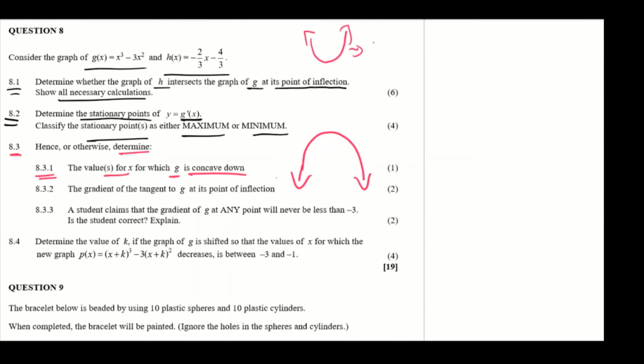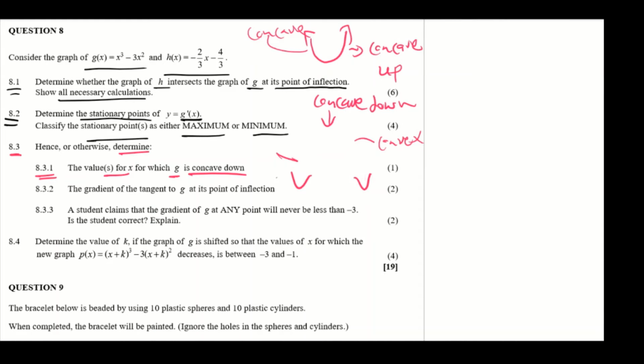This is concave up, this is concave down. So we normally call this convex, and this is just concave. So yeah, for concave down, we are focusing on this shape.